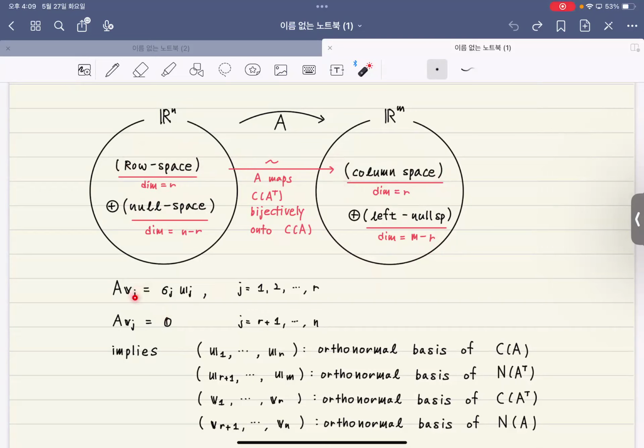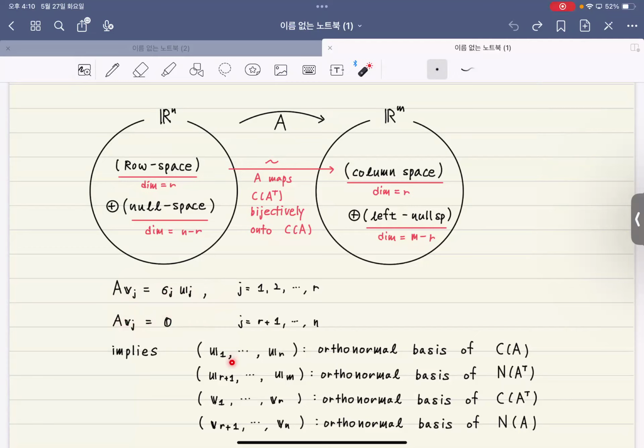So, with the spectral theorem, we have obtained the orthonormal basis vectors V1 to Vn and U1 to Um. And V1 to Vr enjoy this nice property. If j is greater than r, then A Vj equals 0.